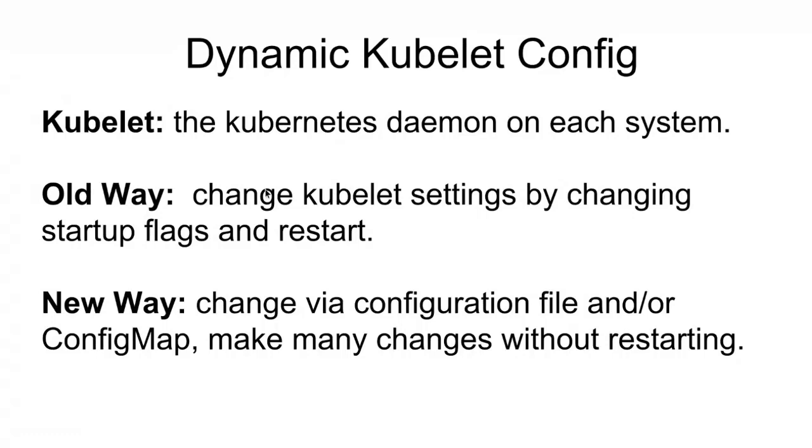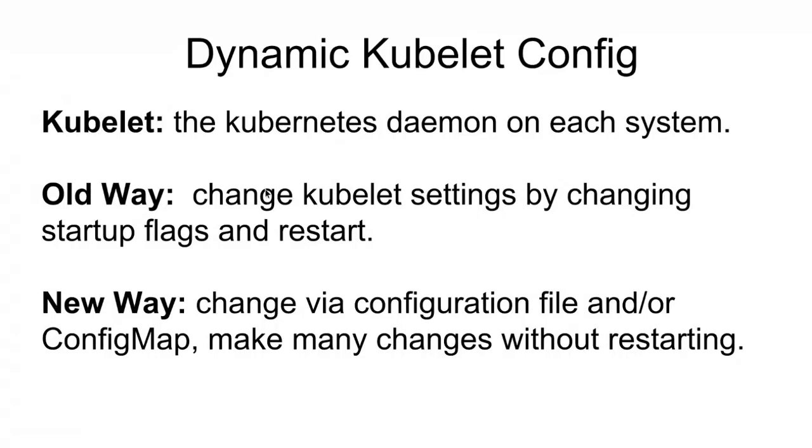One is some configuration things like maximum pods per server can be changed dynamically on the fly, with the kubelet running. And the way that you actually do that is there's a config map for each node, and you can modify settings in that config map, and at some polling delay, the kubelet will pick those up.